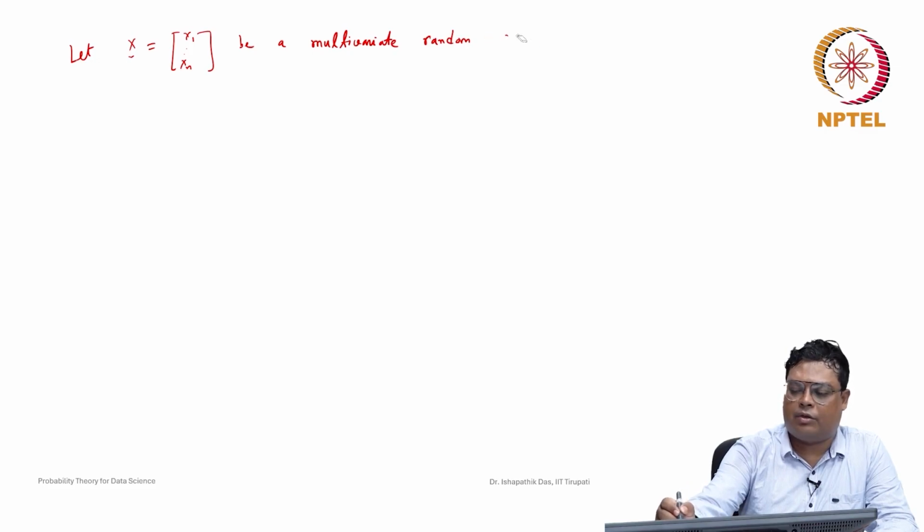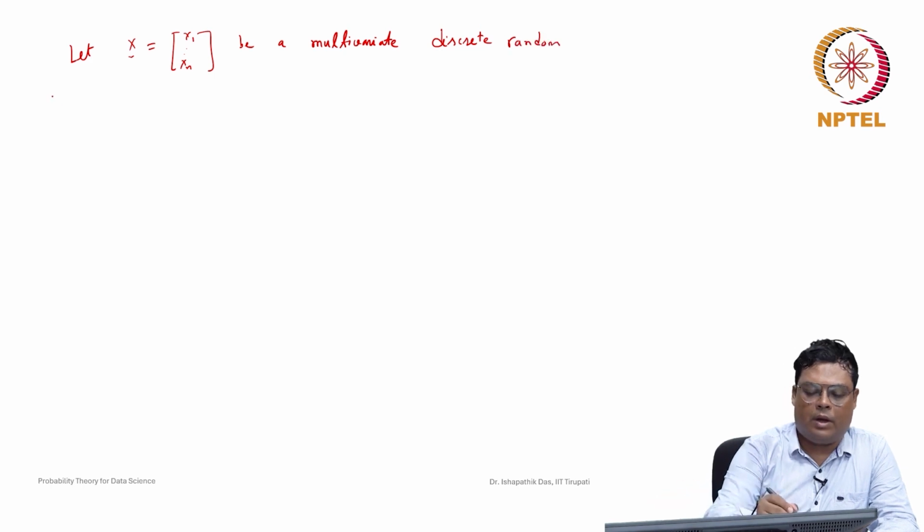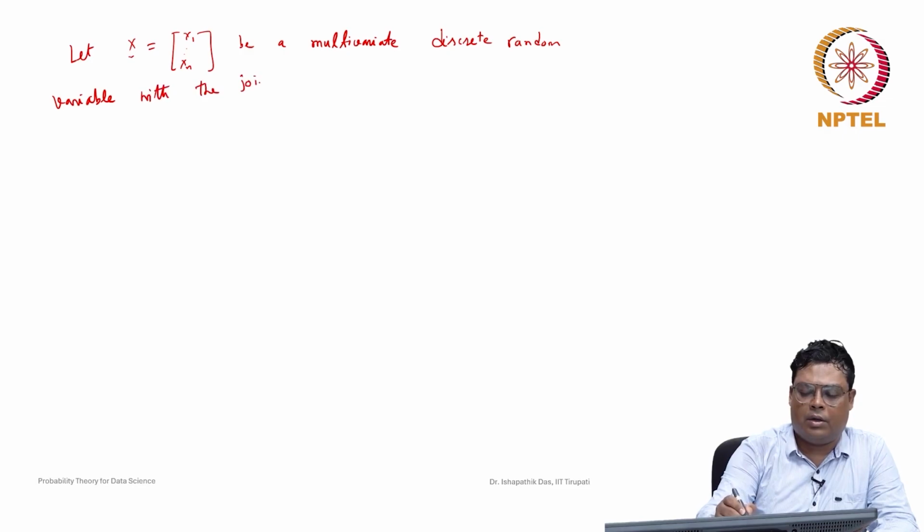First let us consider a multivariate discrete random variable with some joint probability mass function.